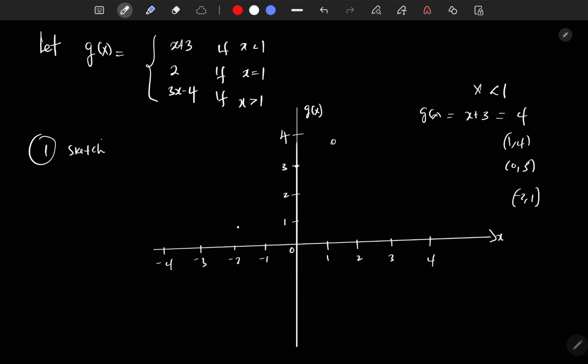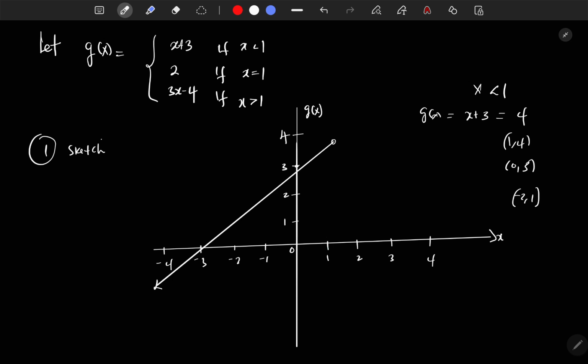So my line is moving all the way from there, passing like that. Just that I haven't drawn it properly, but it has to pass through like that. I hope you understand. So that is our line, meaning the point 1 is not included. All right, so this is our first function.